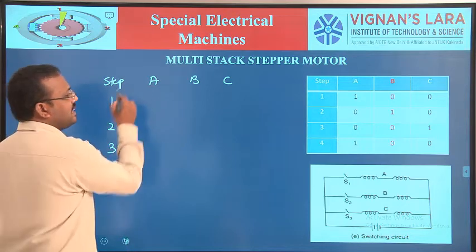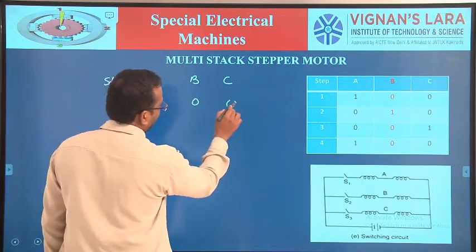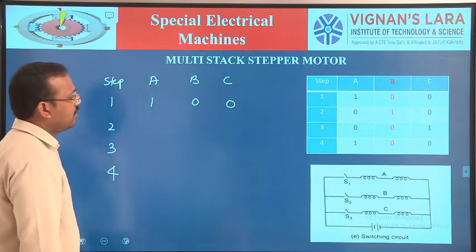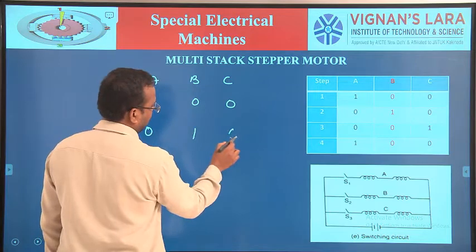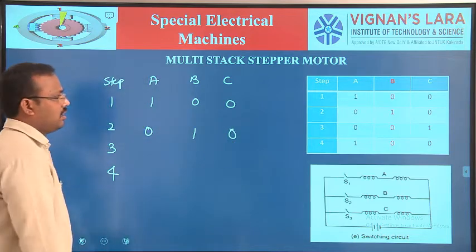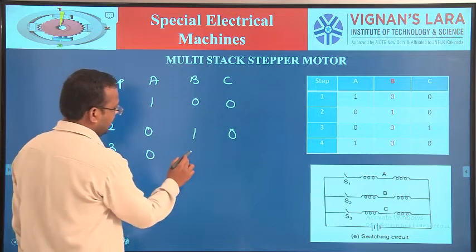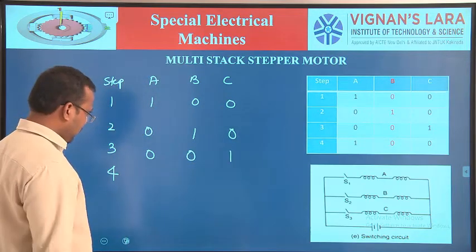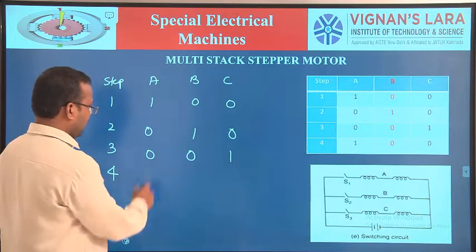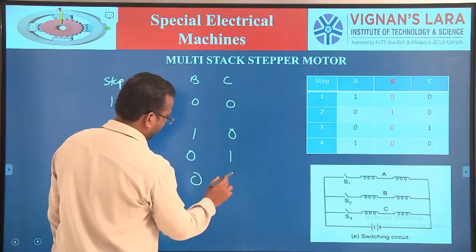Now, phase A is energized, the other two phases de-energized. Now, phase B is energized, the other two phases not energized. Now, phase C is energized, the other two phases not energized. Next, the cycle is repeated: phase A energized, the other two phases like this.